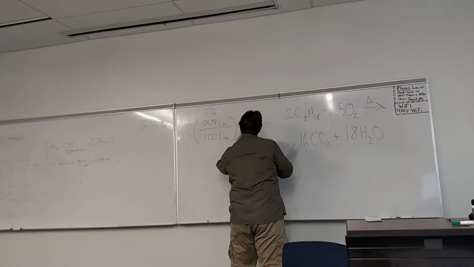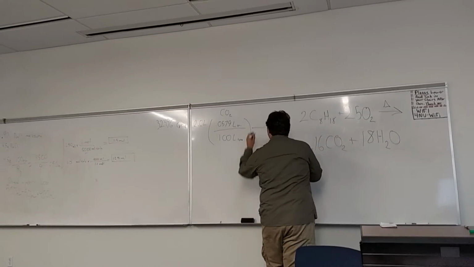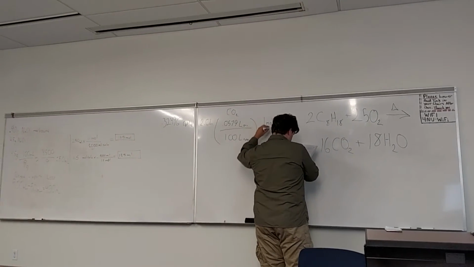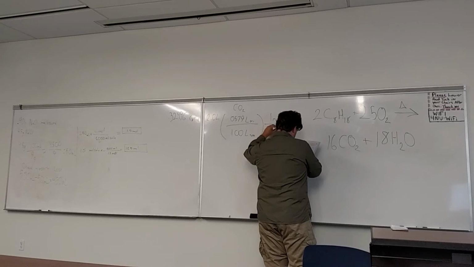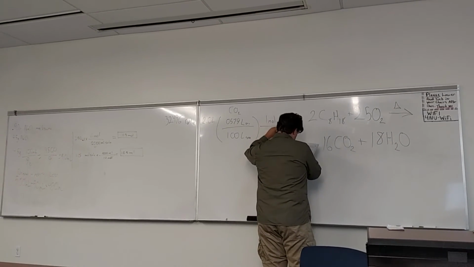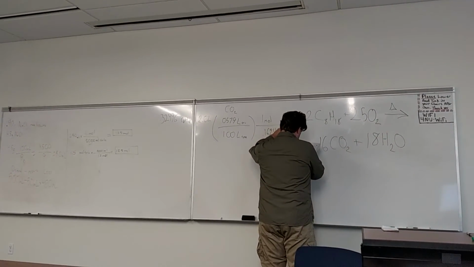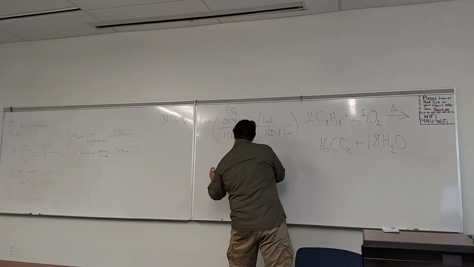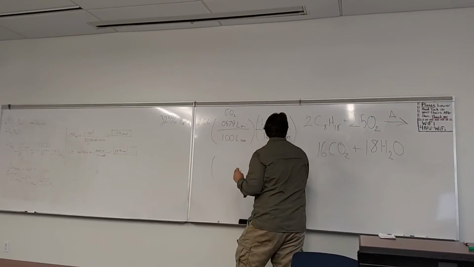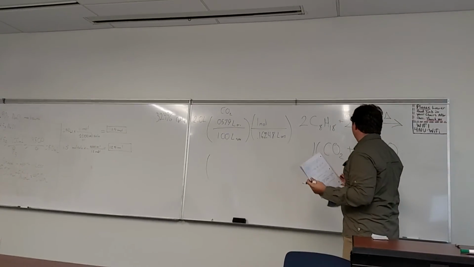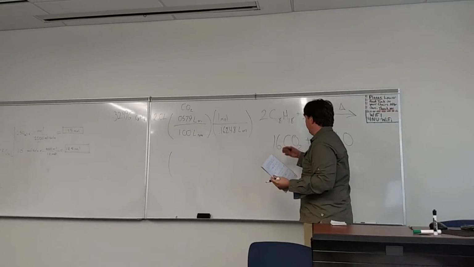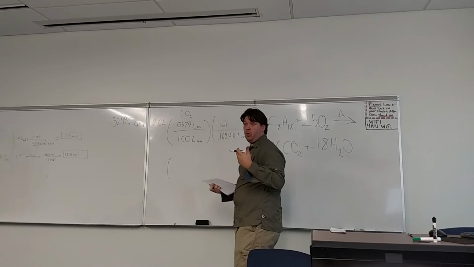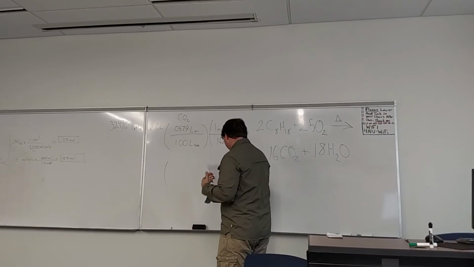Cancel out liters. And finally, once we've gotten it back down to molar value, we multiply it by the stoichiometric ratio between octane and carbon dioxide, which is 2 to 16 or 1 to 8 if you want to reduce. That's really your prerogative.